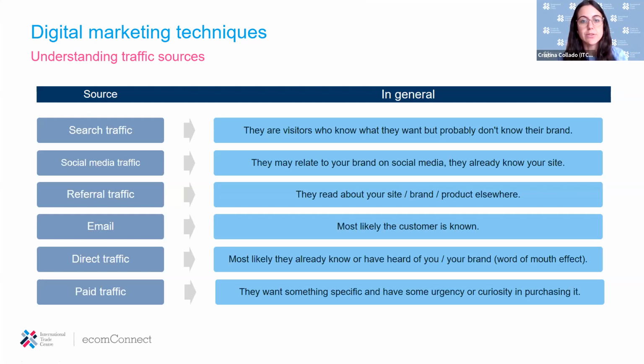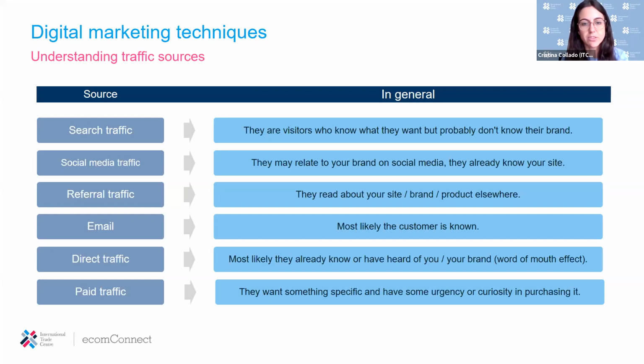This refers to traffic that comes from, for example, a blog where there is a link to your website, and then visitors click on the link and go to your website. Then we have email traffic. This is quite clear. You receive an email campaign and there's a click to your website. They click, they go there.